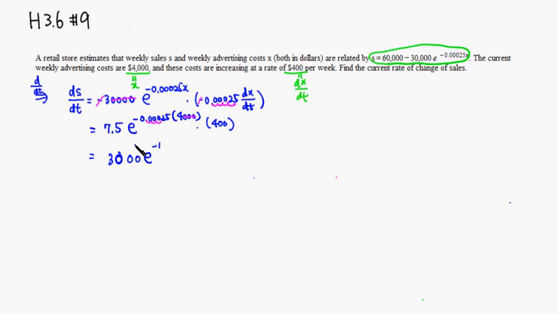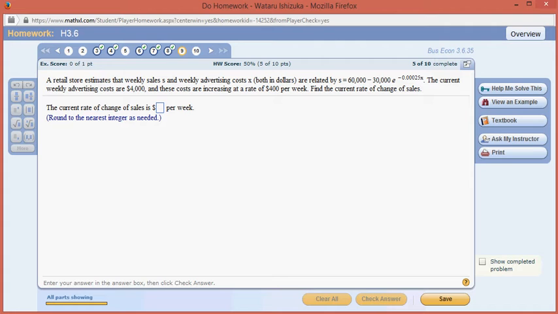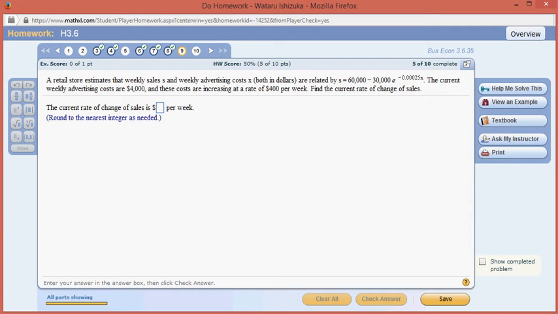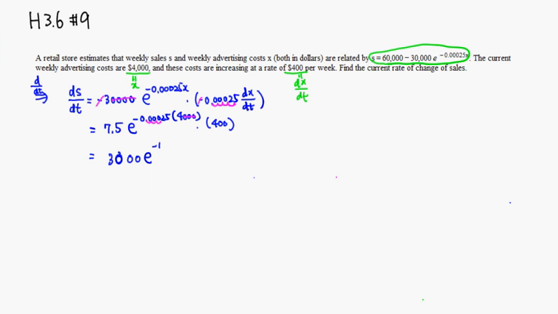Right, so then let's find out. It says round to the nearest integer as needed. Okay, so nearest integer. So let's look at that. It's 3,000 divided by e.